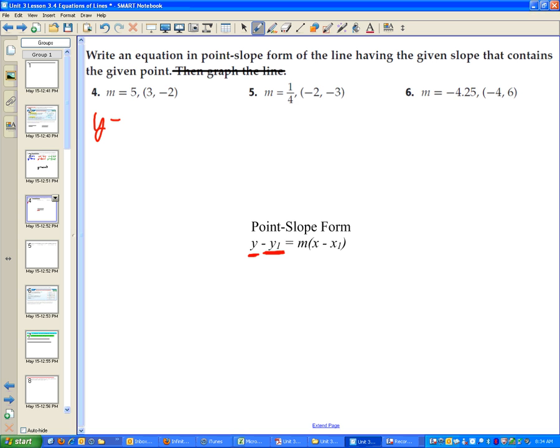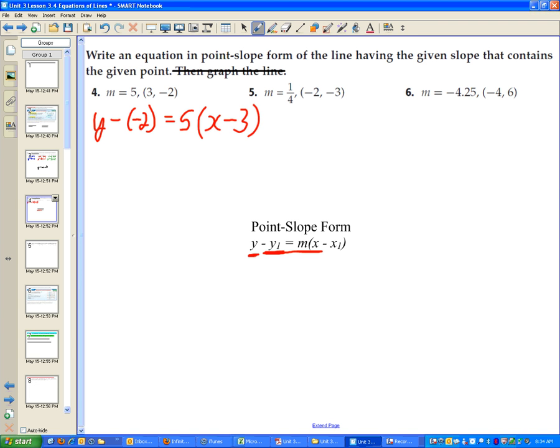So y minus -2 equals m, 5, times the quantity x minus x1, the x-coordinate of that point. It's got to be of the same point that we used the y-coordinate of. So x minus 3.